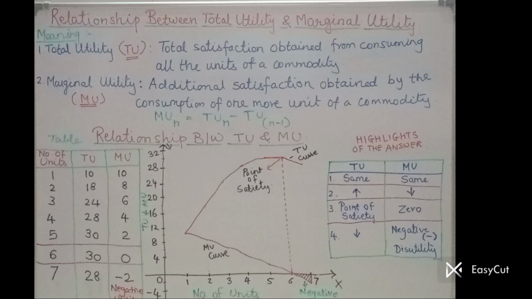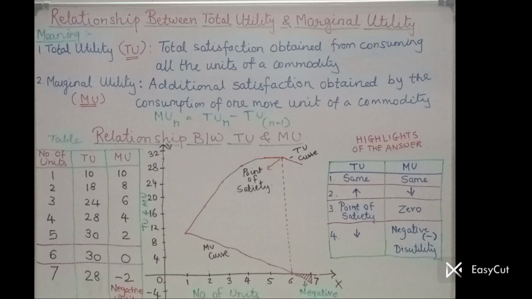So whatever given number of units of a commodity are given to us, when we consume all the units of that commodity, then we add up all the satisfaction and arrive at the total satisfaction. In my last lecture, I explained clearly the concepts of total utility and marginal utility. If there is any confusion, you may go and see that lecture.